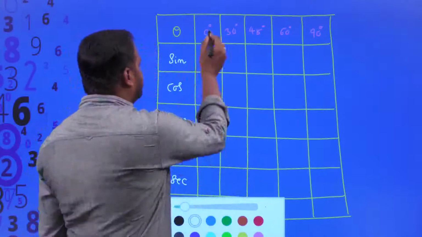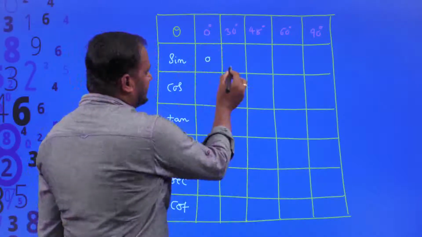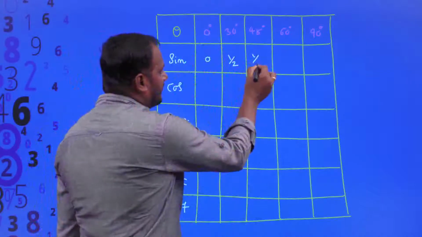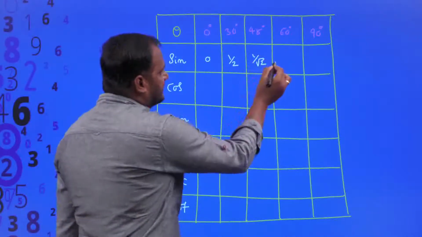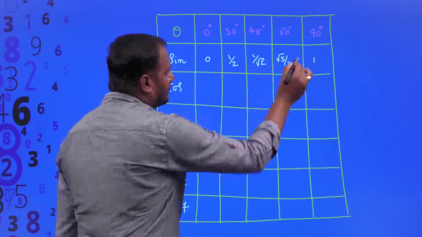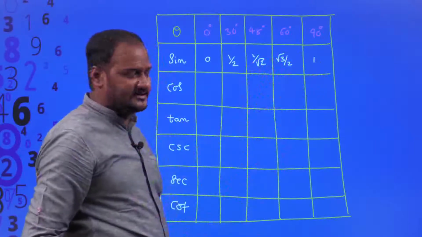So the value of sin 0 we got as 0, sin 30 1 by 2, sin 45 1 by root 2, sin 60 is root 3 divided by 2, and sin 90 is equal to 1. Correct?